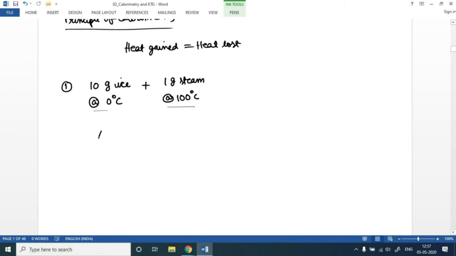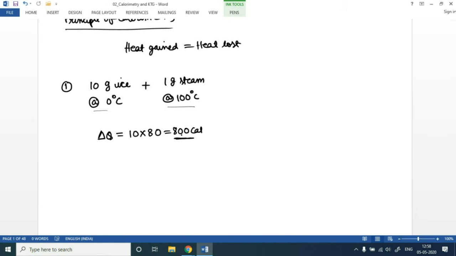That would be 10 times the latent heat of fusion of ice, which is 80, so 800 calorie heat is required. If we get 800 calorie heat from somewhere, we will be able to melt all the ice. But from where will we get that heat? The hot body will lose heat, and that is how the cold body will gain heat.